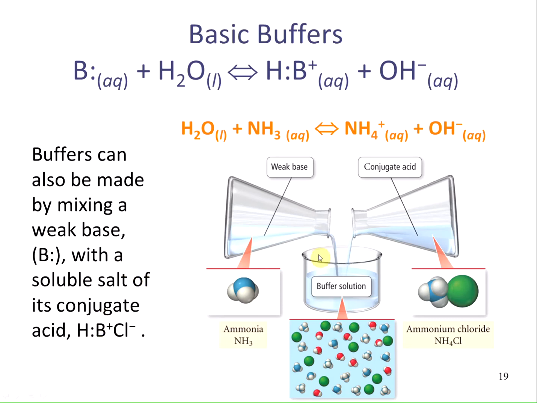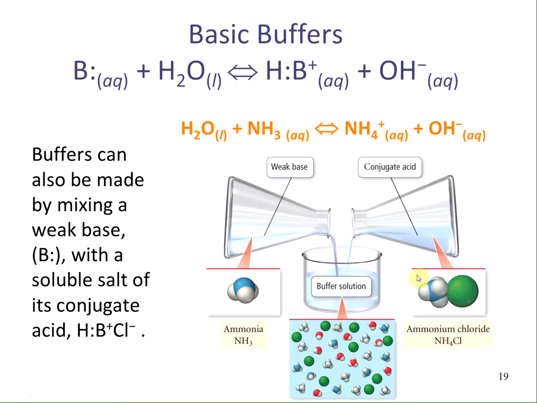In this example of a basic buffer, we are combining the weak base ammonia with its conjugate acid, the protonated form of ammonia, which is ammonium, and the ammonium is supplied as part of the ammonium chloride. And again, remember the chloride is a neutral anion, but the ammonium ion is an acidic cation.